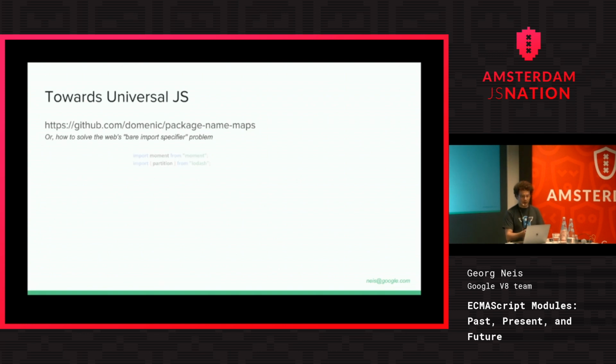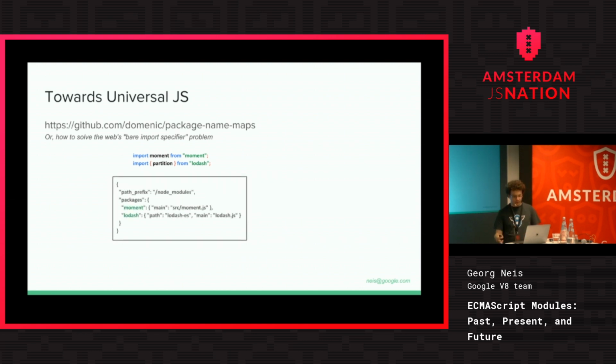So if you write something like this, you want a way to tell the browser what this refers to here, this Lodash or this moment. And using these package name maps, you can then provide some separate file that tooling can generate for you, where you provide a mapping of these specifiers to actual path names or URLs.